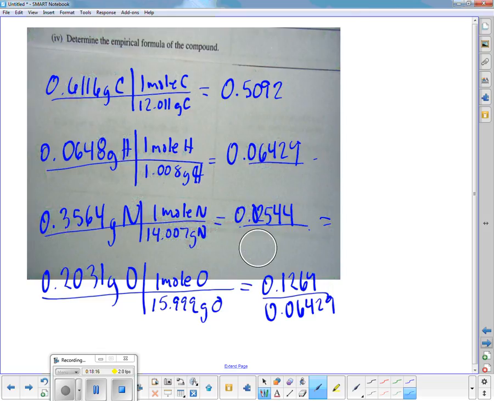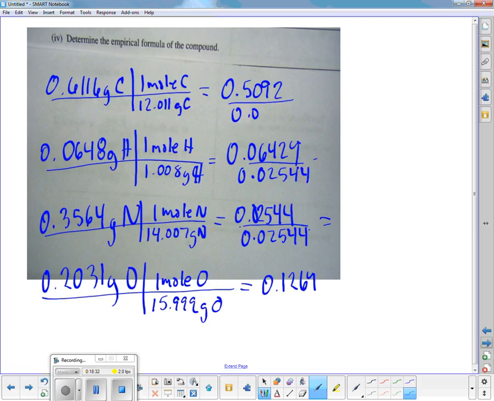So we need to divide by the smallest one. The smallest one then is nitrogen. So 0.02544, 0.02544, 0.0255244. There we go. I can't say it, but it's written.